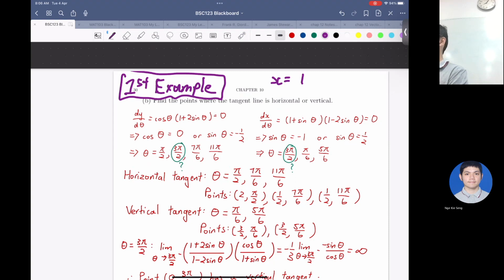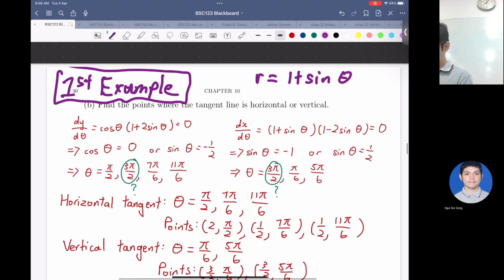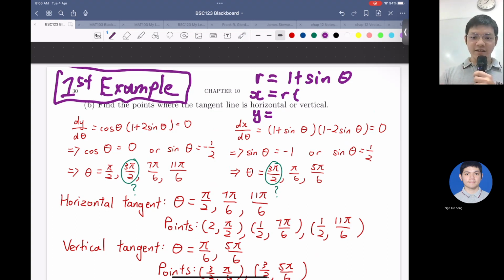You mean the curve is 1 plus sine theta? Okay, yeah, sure. So r equals 1 plus sine theta. Anyone know what the parameterized curve is in terms of x and y? You sure? That one is a circle.